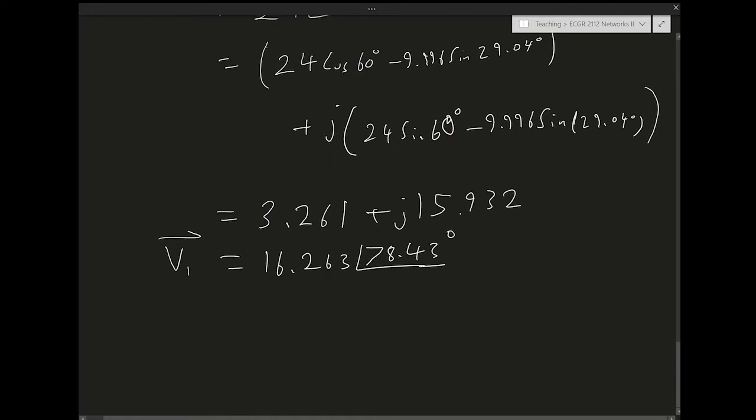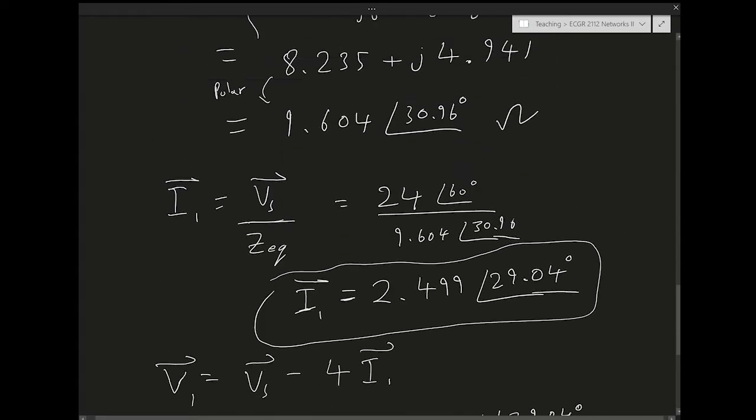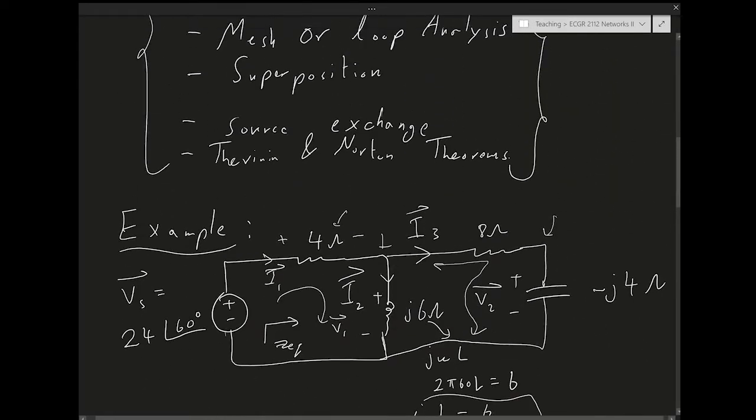But depending on the problem, it's okay if you want to go to 2 significant digits. I wouldn't advise going less than 2 significant digits, because the errors are going to compound as you do the calculations. You want to minimize the rounding errors. Okay, so that's V1. So we solved for I1 and V1.